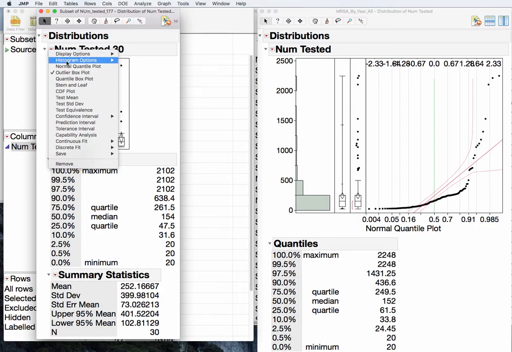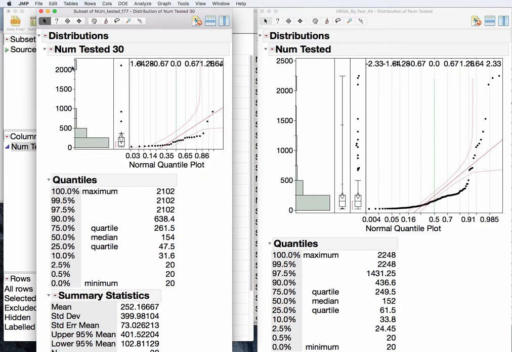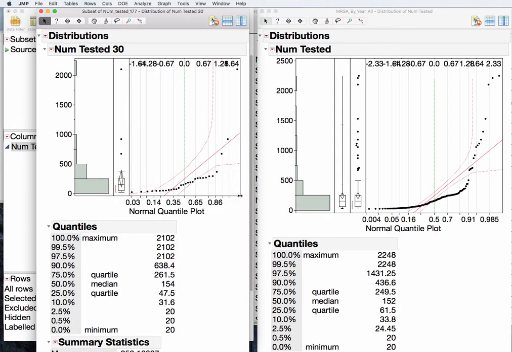Looking at the normal Quantile plot, we see an almost identical pattern for this sample of 30. We can see a bit more of the confidence bounds, but again, the line cuts across both confidence bounds and then arches quite far up. We have one very large outlier that will really influence the distribution. This is not a normal sample.